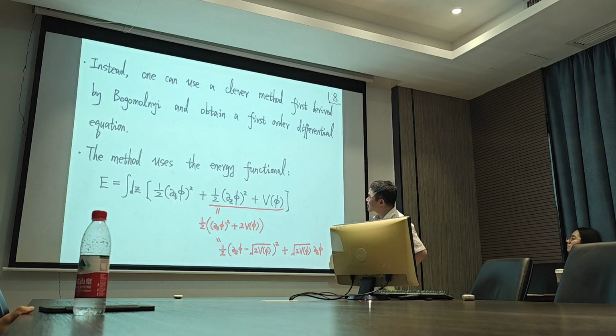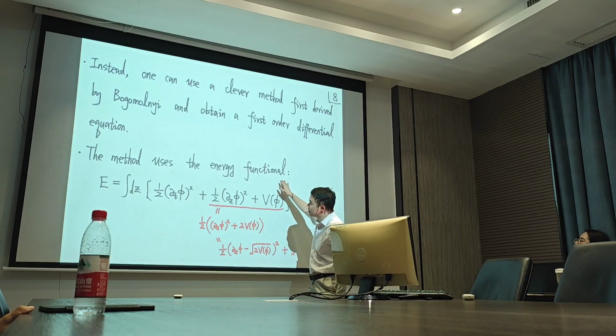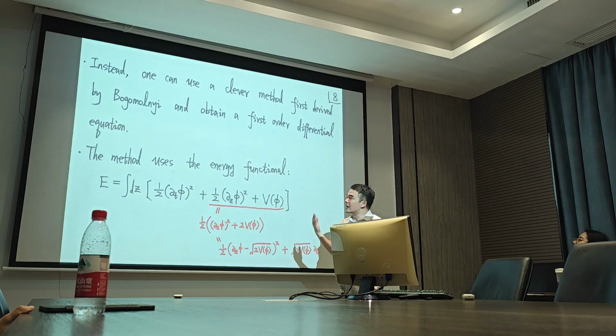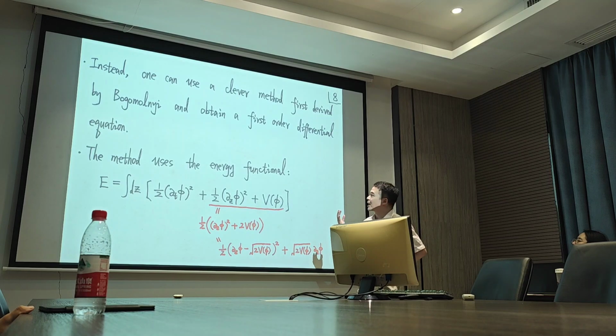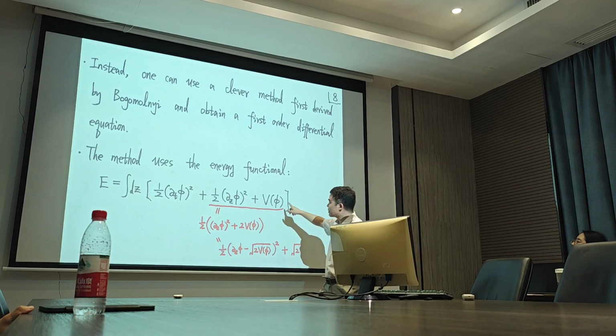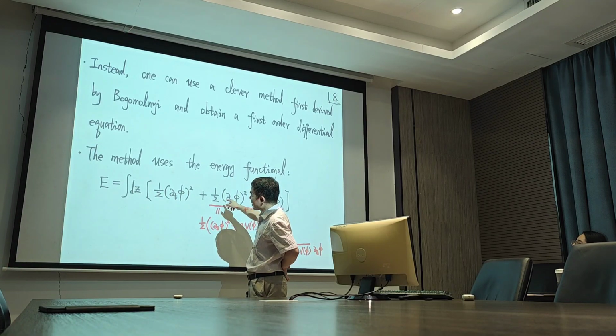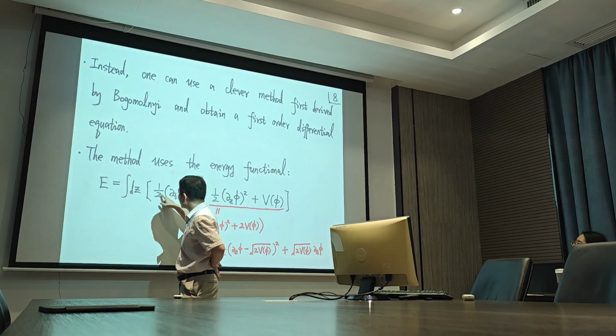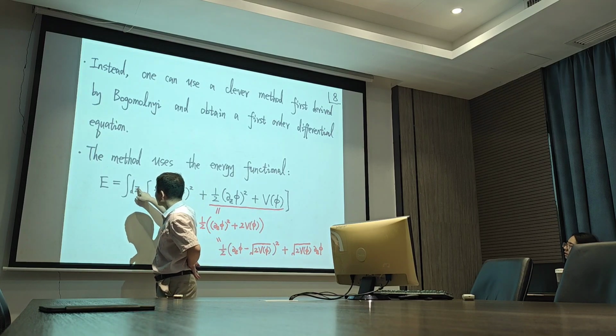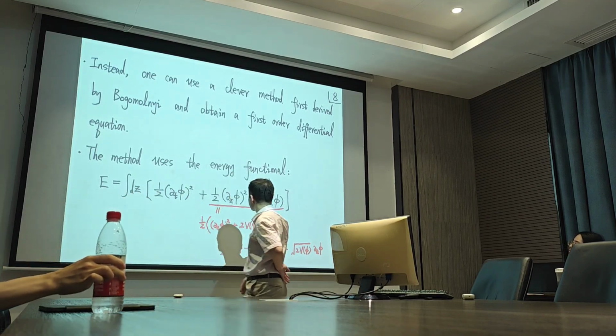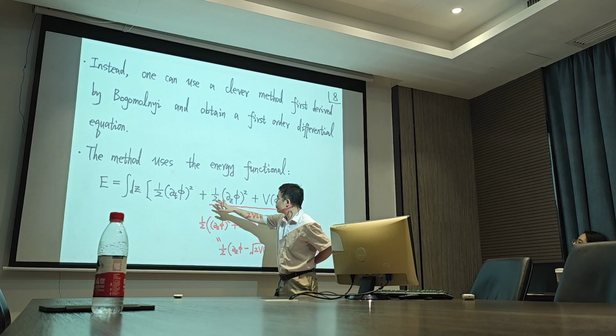The method uses the energy function. We can easily get the Hamiltonian of this theory, and this part is the Hamiltonian. Integrating the Hamiltonian over the space coordinates, we get the energy. And it has three parts.